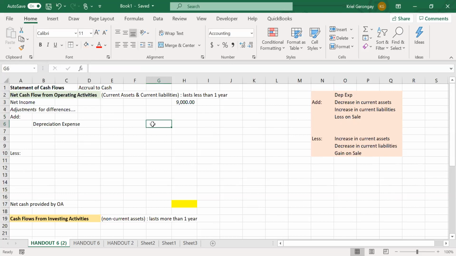So depreciation expense is 4,000. And this amount was taken from the income statement on handout 6, just in case you're wondering.